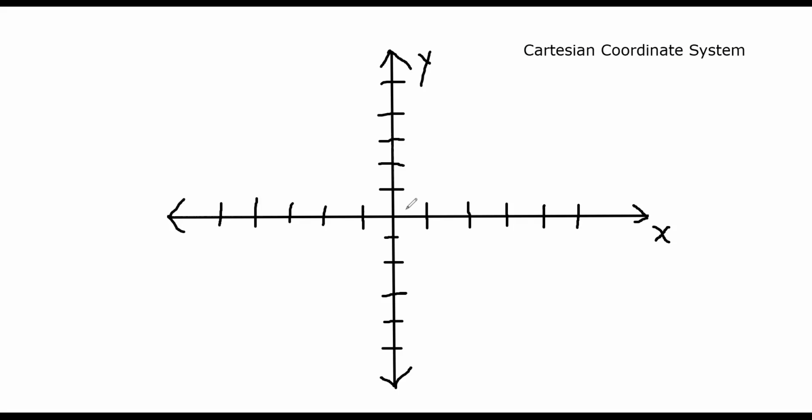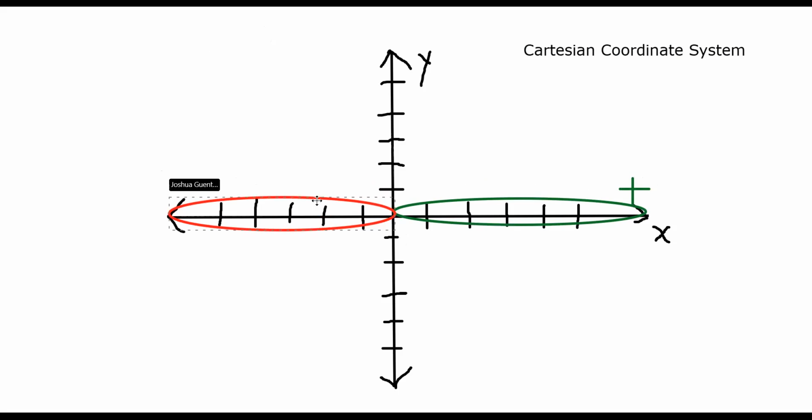The way the points will work is everything on this side of the number line over here, these are all positive. So this is your positive numbers on the x-axis. Over here then are your negative numbers. These are all your negative numbers on the x-axis.